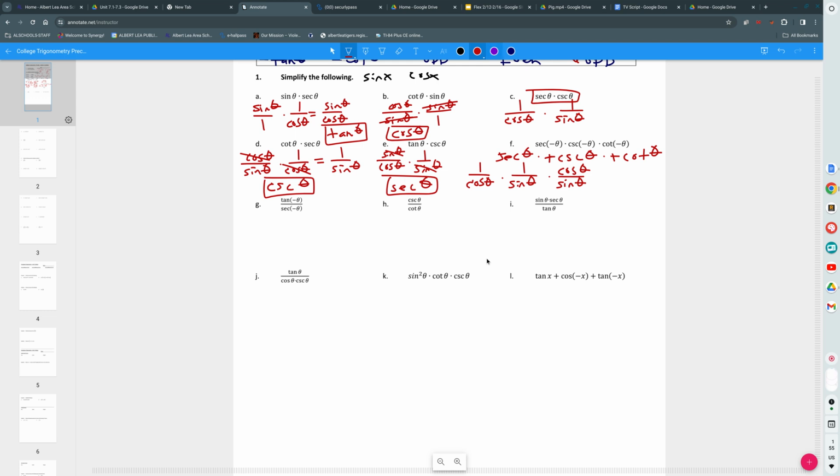The cosines do. And sine times sine is sine squared. So what do you think that simplifies to? The reciprocal of sine is? Not inverse sine, but cosecant. So this is cosecant squared.